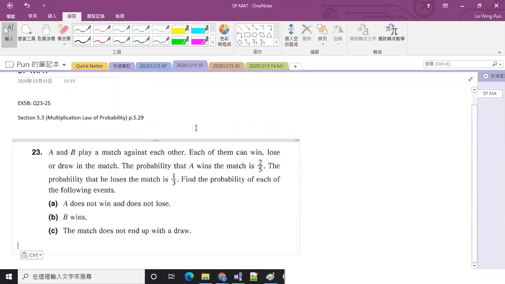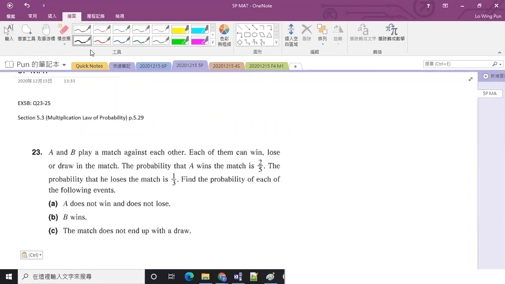There are 3 possible outcomes, and the probability that A wins the match is 2/5. The probability that he loses the match is 1/3. And find the probability of each of the following events.